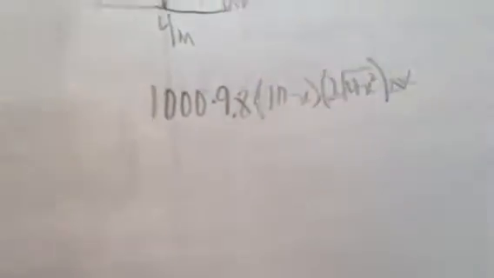Then guess what? We turn this into an integral because this is calculus, and everything is an integral. You can pull these constants out here. So that's going to be 9,800.